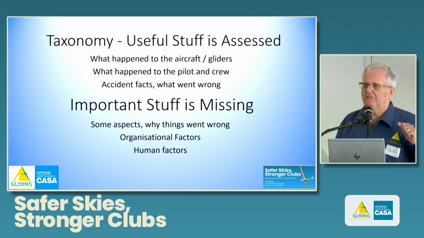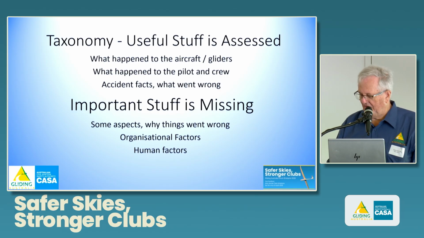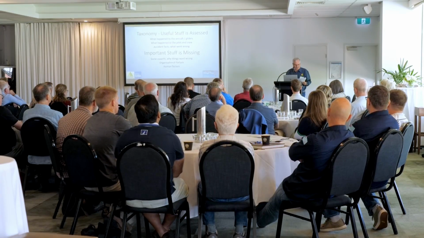But the taxonomy, behind some of those accidents where we might say loss of control, there's important stuff that's missing, because there are organisational factors and human factors that have actually been part of those chains of causation. And I stress, for serious and fatal accidents, we do always assess the organisational and human factors as part of it. Our IT systems, our source system and analysis, needs to evolve to capture more of this important stuff that's missing.